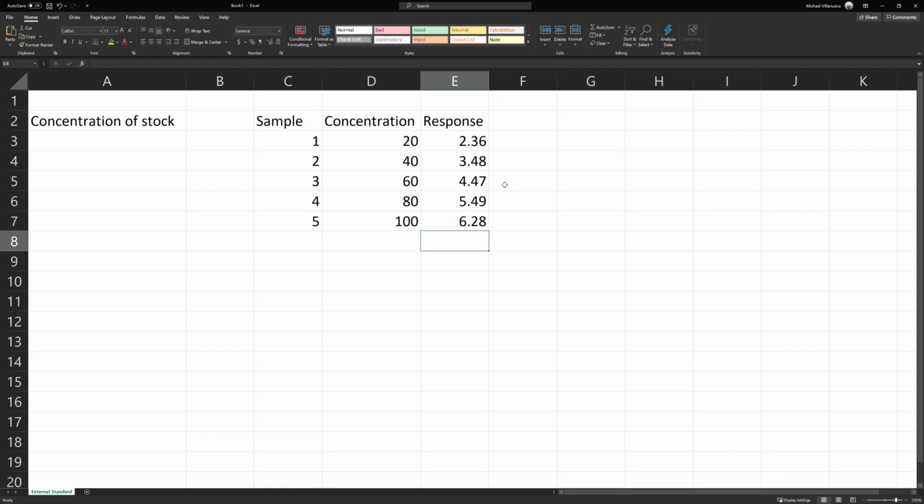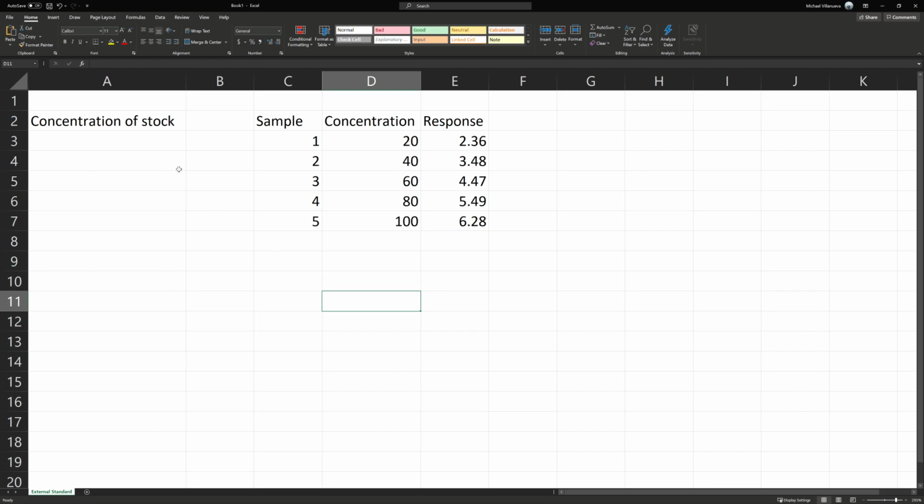So we just created some values for a response. Your response could be anything. It's whatever the instrument will give you. When we did our experiment, we used the height of the peak. So here we would use the peak height, and here we would use the concentration that you actually calculate.